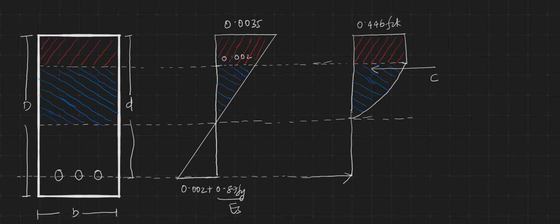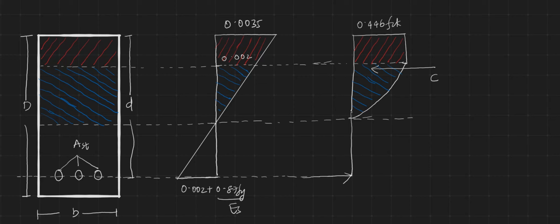So I could summarize here a singly reinforced section having effective depth d, width b and overall depth D, reinforced with area of steel denoted as Ast, having the strain distribution shown here, and the stress variation for the concrete and steel as shown here.